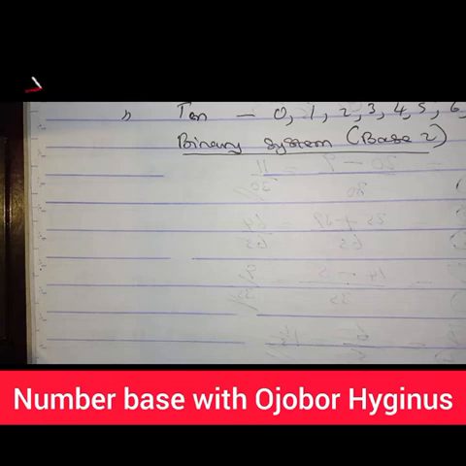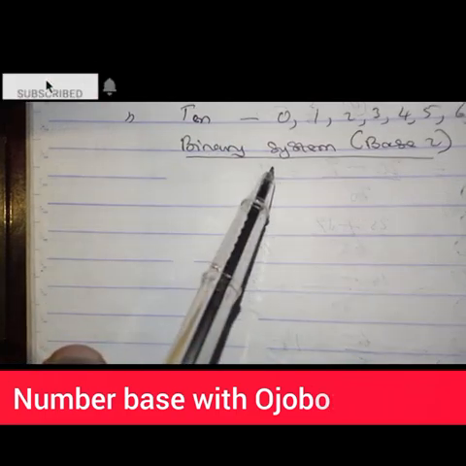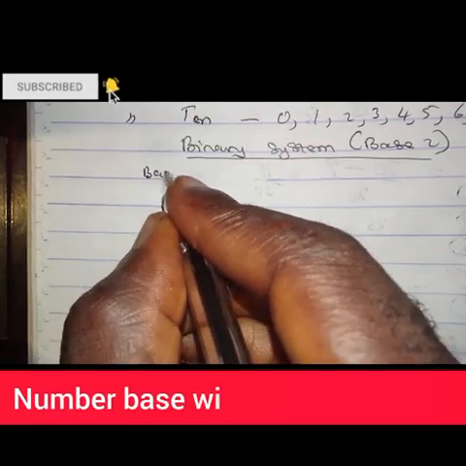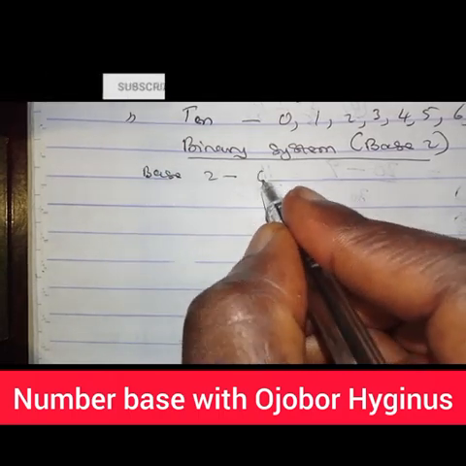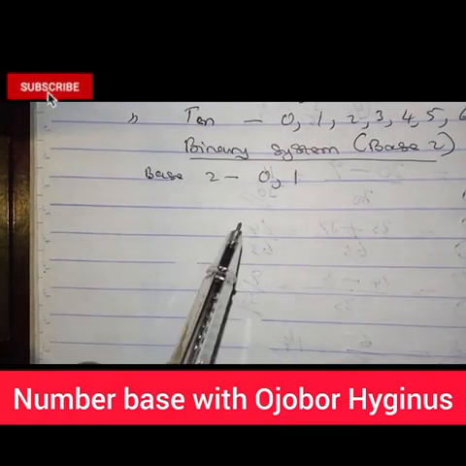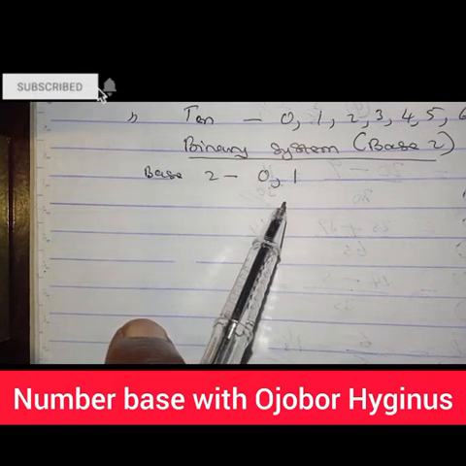It is a number that deals with zeros and ones. Like I said initially, the numbers that exist in base 2 are going to be numbers less than 2, which are only 0 and 1. So you cannot have anything beyond 0 and 1 in base 2. That is what we are saying.